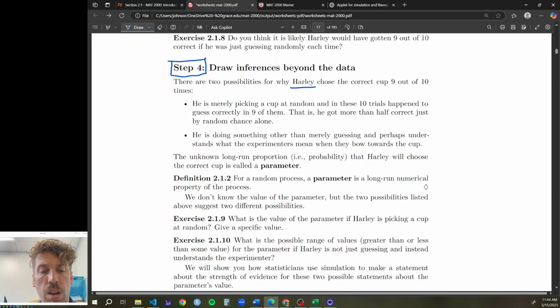To be more precise about that, we want to talk about a parameter. For a random process, a parameter is a long-run numerical property of the process. For instance, the parameter in this case might be the ratio of times Harley would get this experiment right.